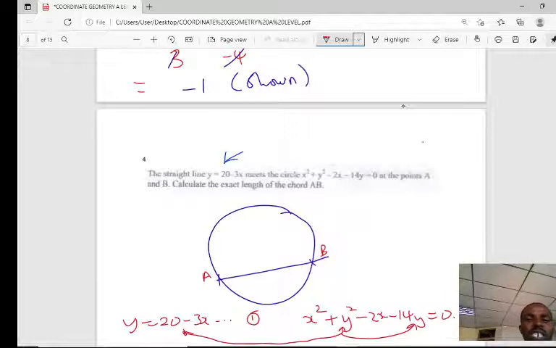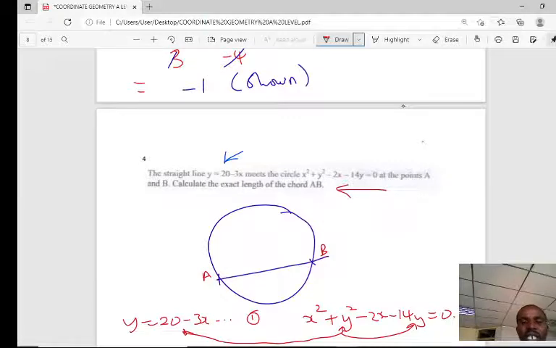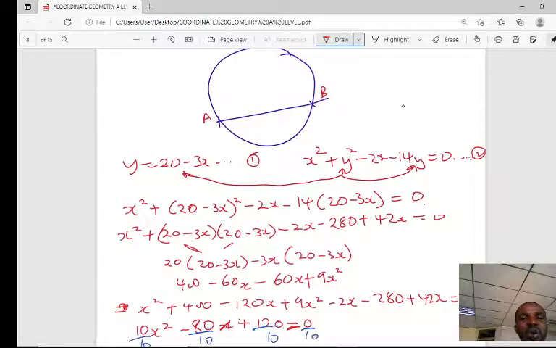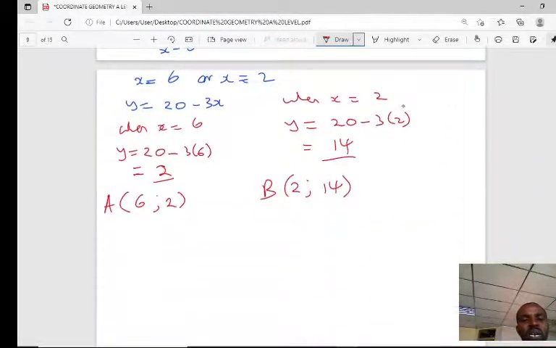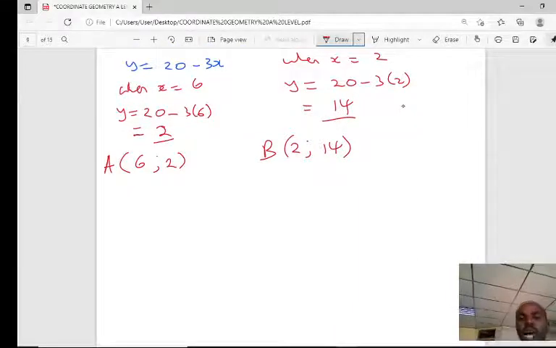Now our question is saying, calculate the exact length of the chord AB. Now we have the points A and B. How can you calculate the length of a line given 2 points?